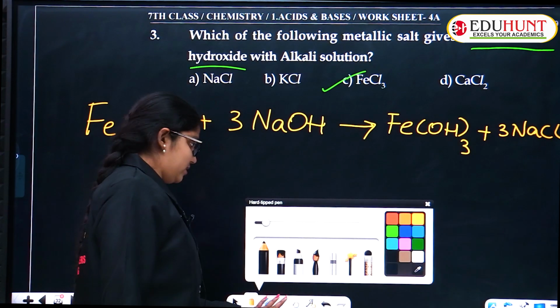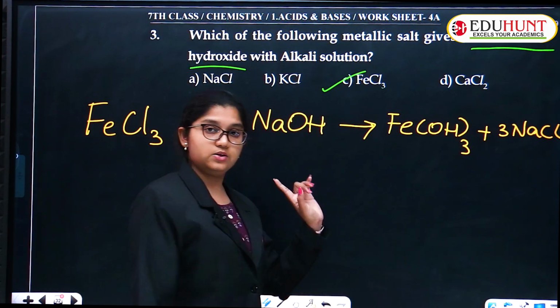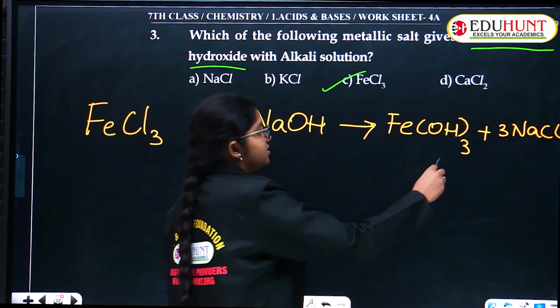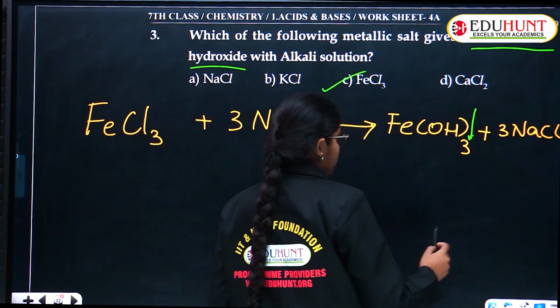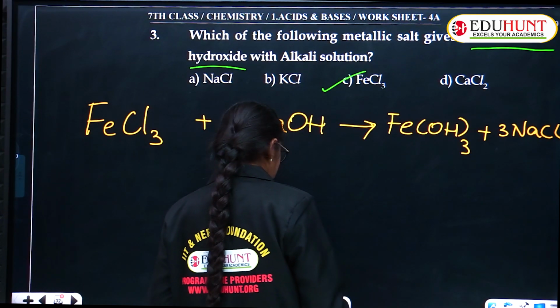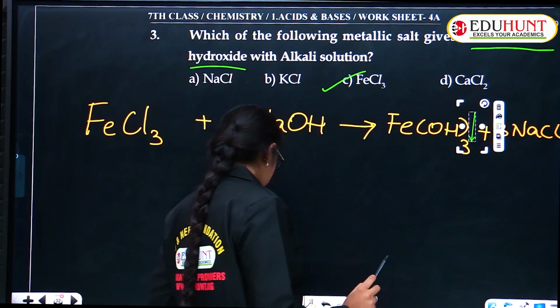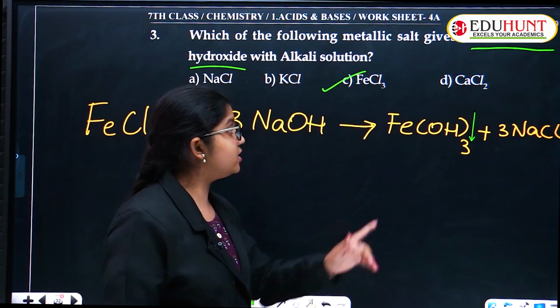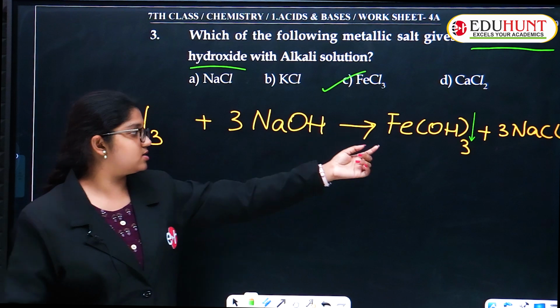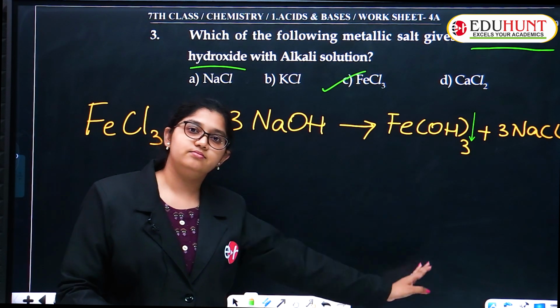In this particular equation, we observe the activity I told you in the PPT section. This has a downward arrow mark, which means it is insoluble, which means it is a precipitate.